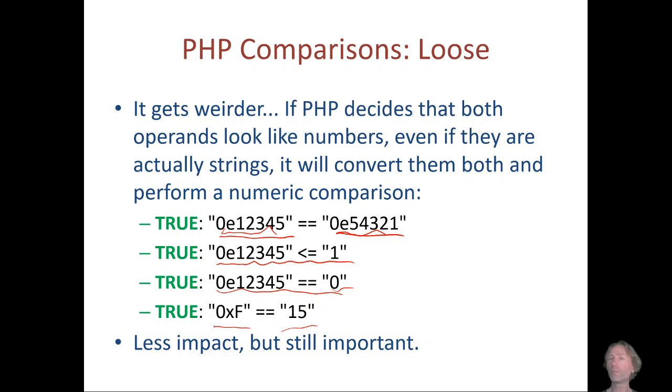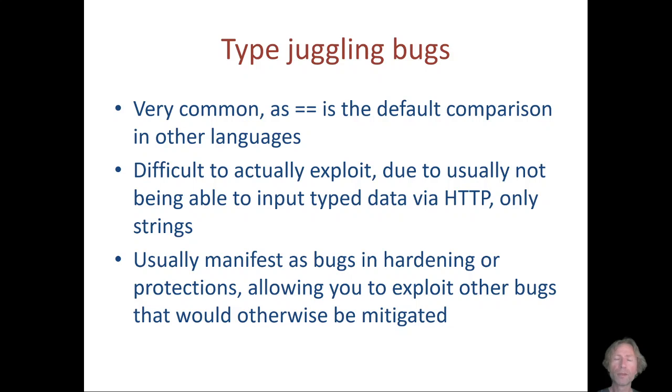So it makes it very easy to make these kinds of mistakes, since this equal is the default comparison in many other languages. Now, exploiting this may not be easy because typically you cannot input typed data by HTTP. You can only input strings. But sometimes there are possibilities to exploit this. So keep an eye out for these kinds of bugs also in your assignments.